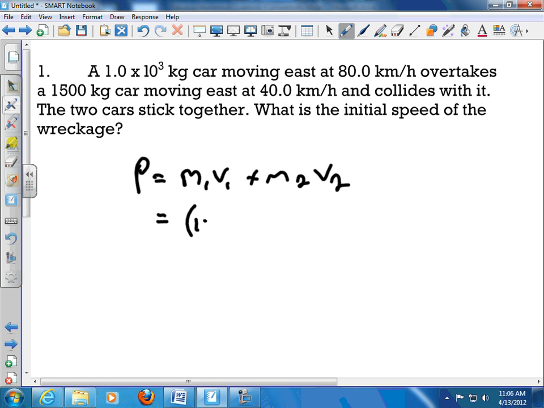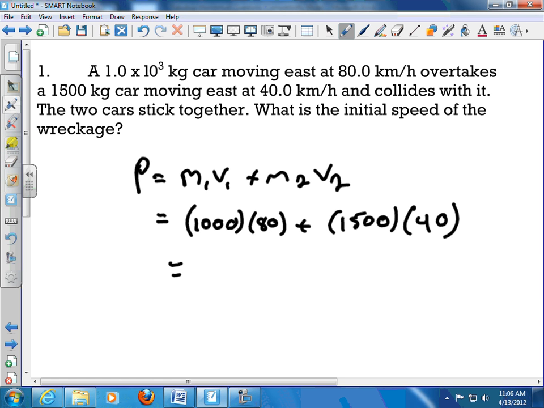So we have 1,000 kilograms times 80 kilometers an hour plus 1,500 kilograms times 40 kilometers an hour. So it's 80,000 plus 60,000, 140,000 kilograms kilometers per hour.